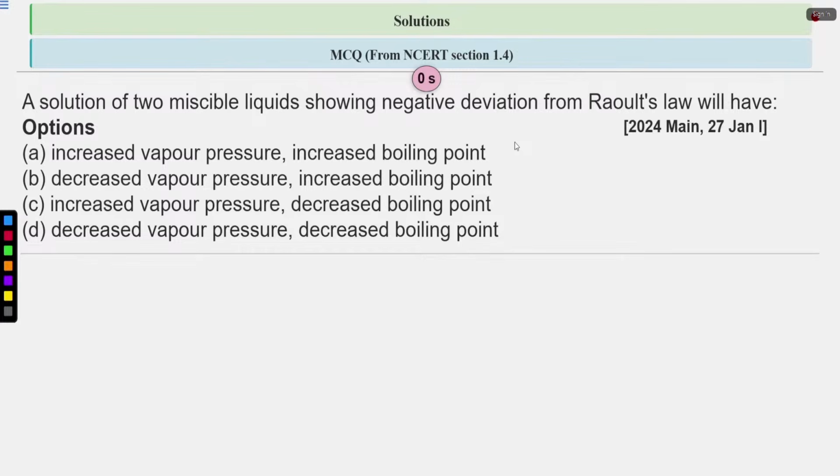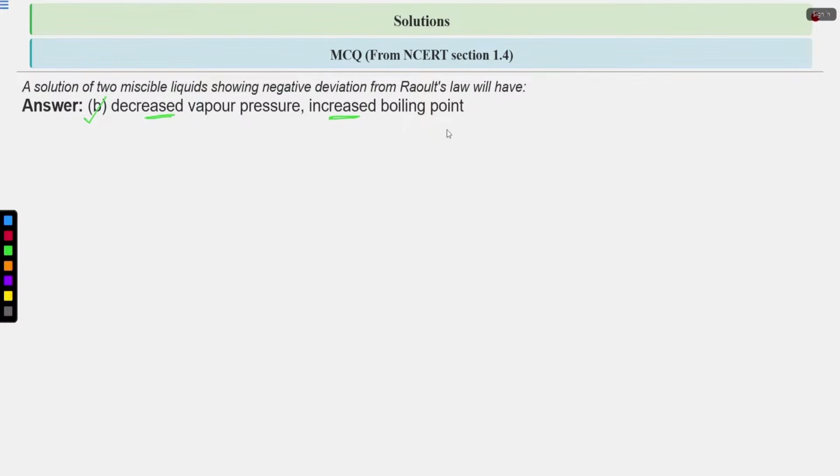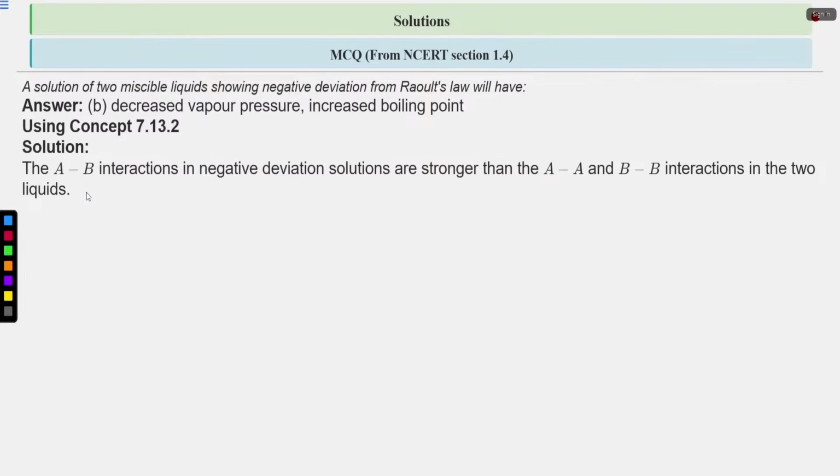Okay, let's see. For this given question, the correct answer is option B, which is decreased vapor pressure and increased boiling point. We use the concept from 7.13.2.